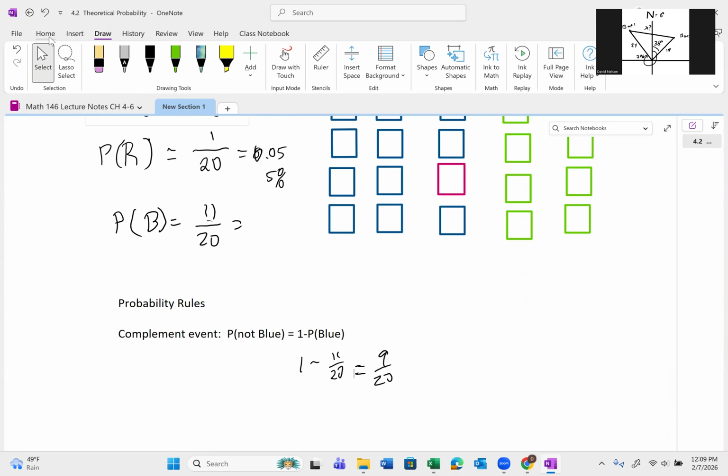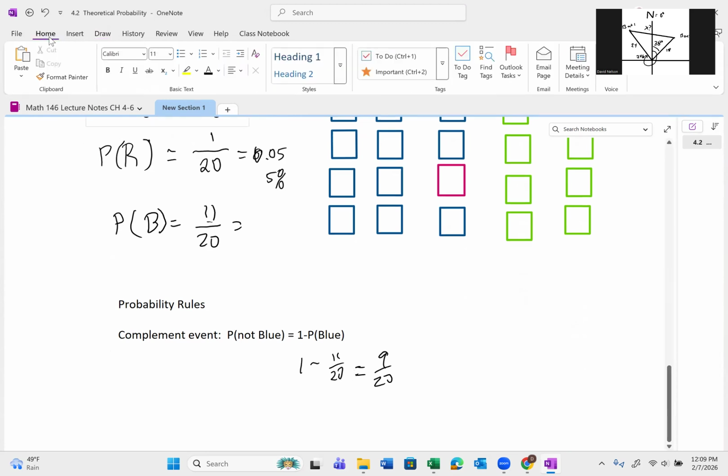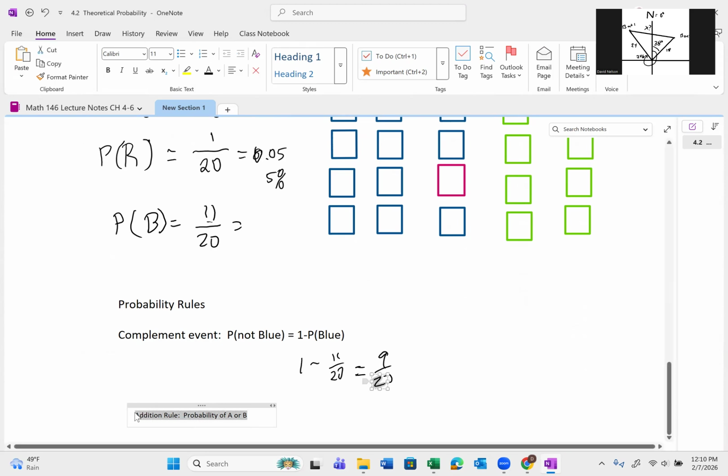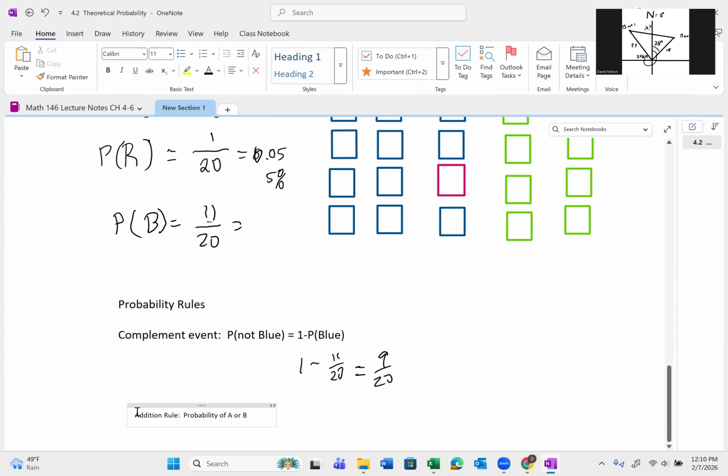Then there's the addition rule, the probability of A or B. I'm going to make my default font size larger.